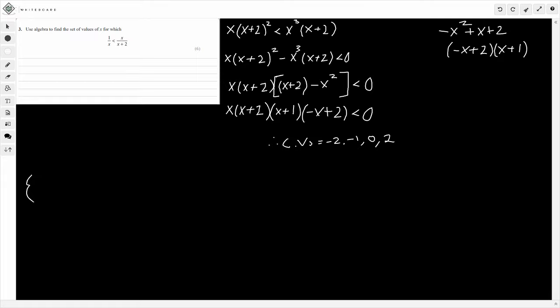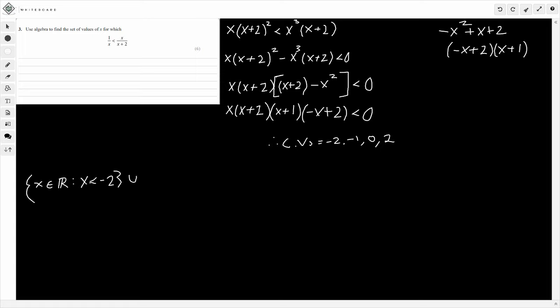So, squiggly brackets, x is an element of the reals, and we're saying that x is less than minus 2. So when x is less than minus 2, it's below the x-axis.